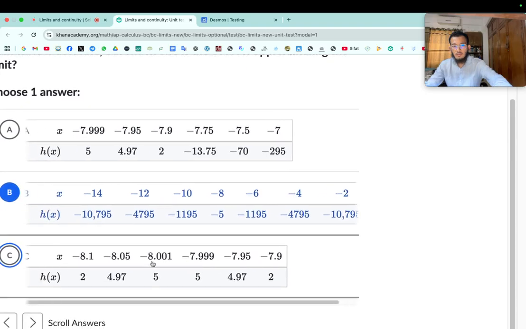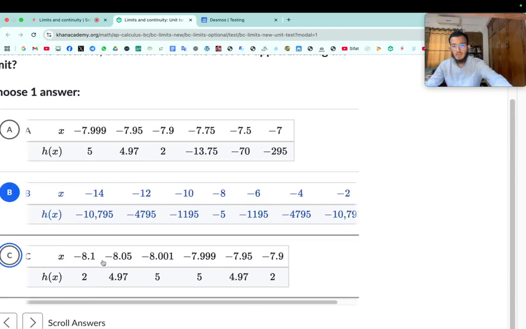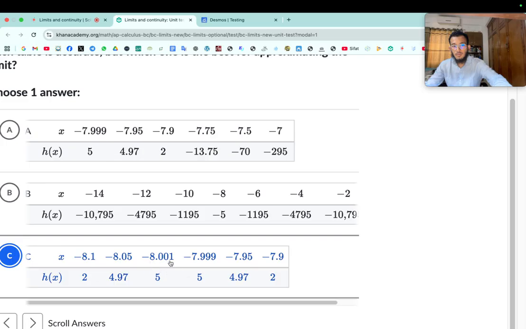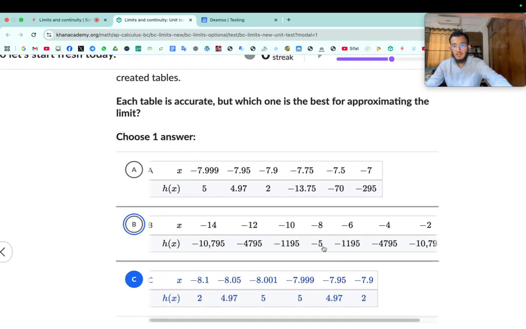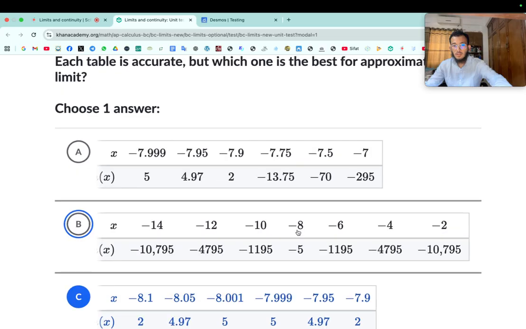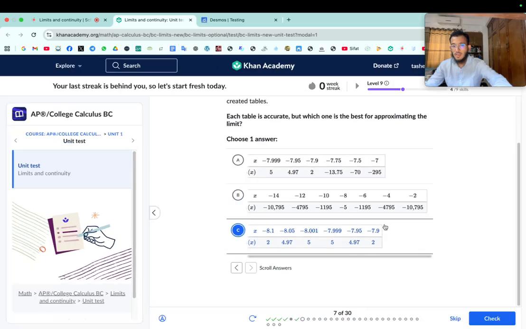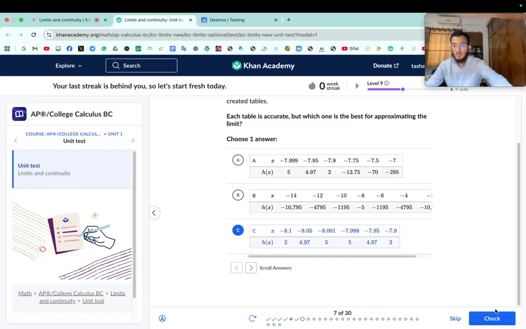But here you have negative 8, but the values are very close to each other, and it's from both sides. It's approaching, as you can see, for close values of 8, and it helps us to find the limit. But here the values are further apart because you're taking values too far from 8, both from the right side and the left side. So that's why C is the answer.